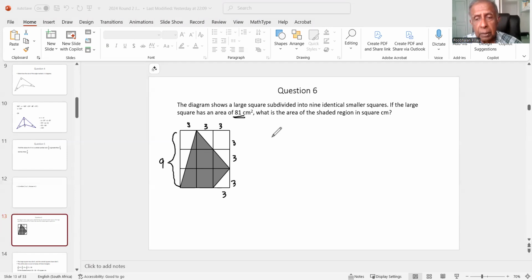So therefore, you exploit that fact and you simply say the shaded region plus the unshaded is equal to the whole area, which is 81. Right? It's given that the whole area is 81. Now, the unshaded is easy to calculate because unshaded is 3 triangles. The area of a triangle is easy. So the area of this triangle here is half base times height.